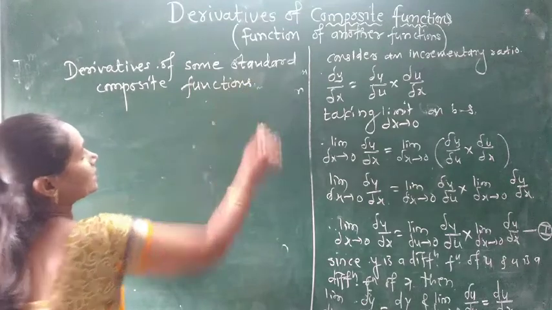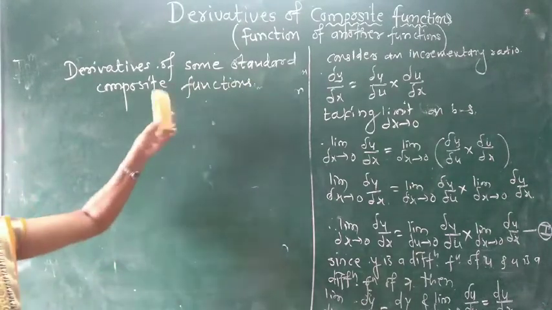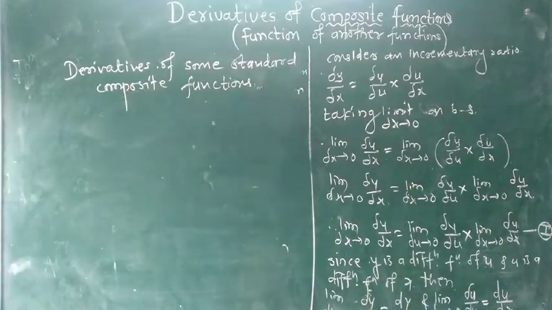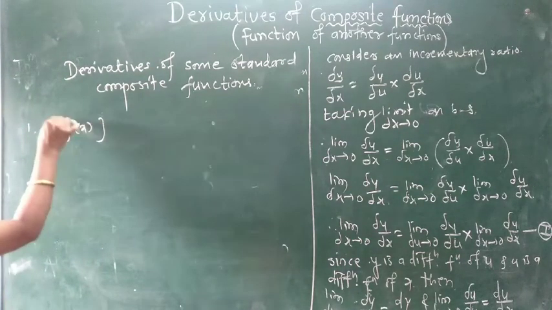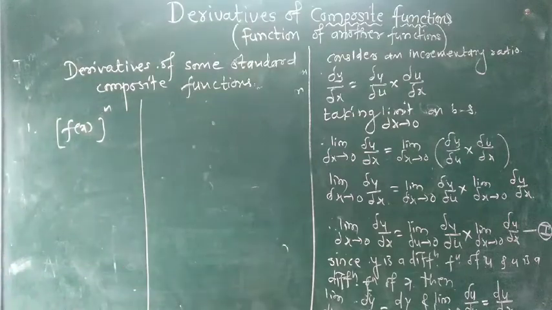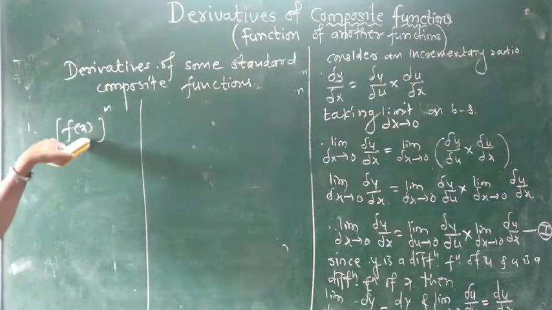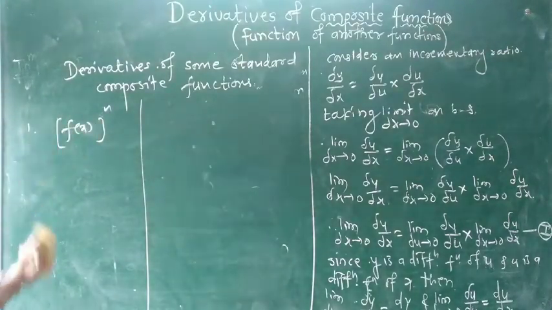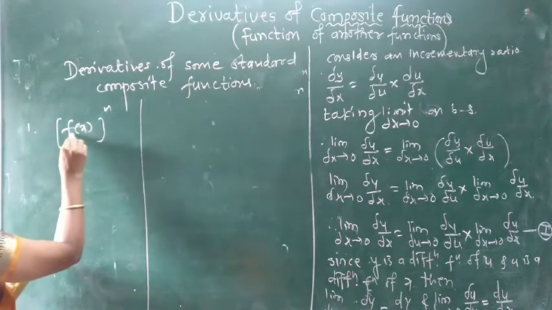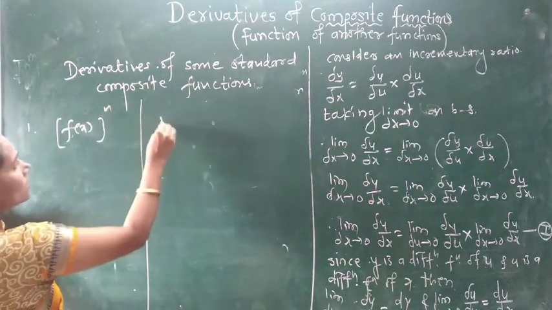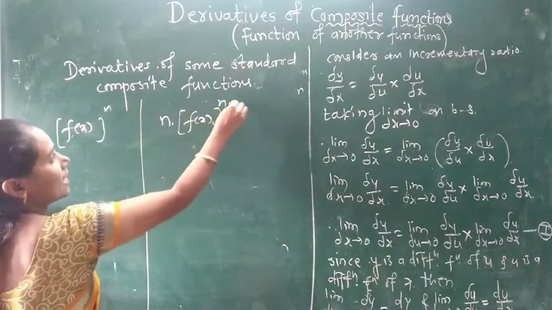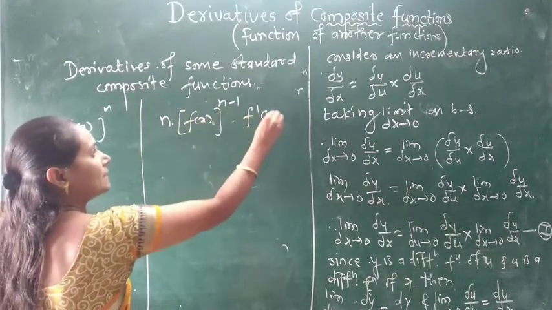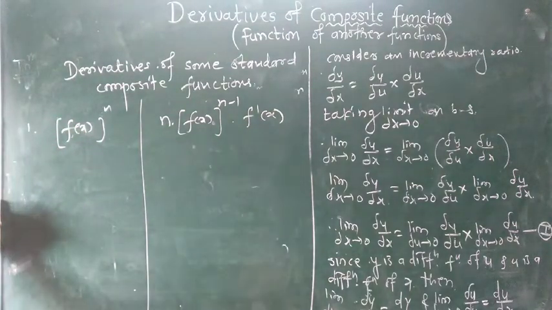We also studied the derivatives of functions, now we see derivatives of composite functions. So first, composite function is f of x raised to n. We know that derivative of x raised to n is n into x raised to n minus 1. So here derivative of function raised to n is n into f of x raised to n minus 1 into multiply the derivative of this function.